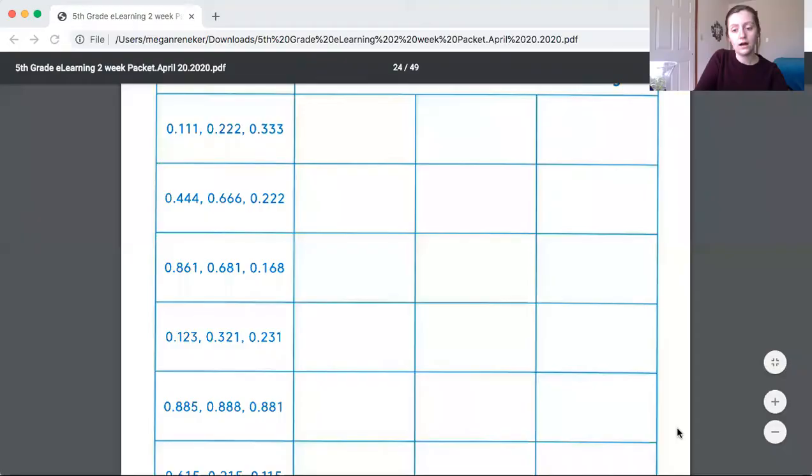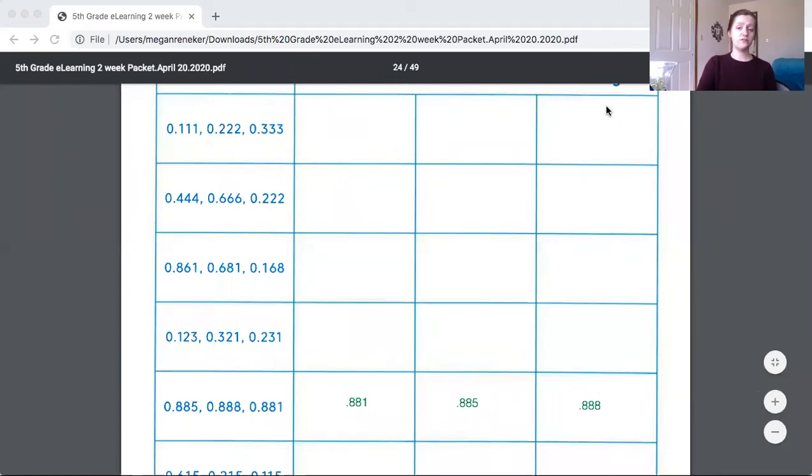Okay, so I would put 0.881 here in my least spot. I would put 0.885 here in the middle, and I would put 0.888 here in the greatest. Okay, so that's how you're going to compare when you have 3 decimals.